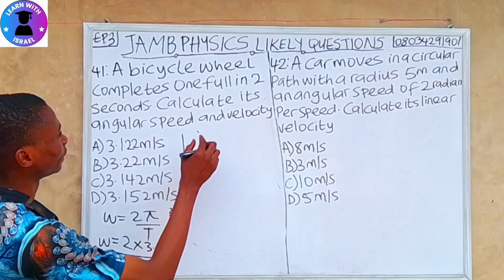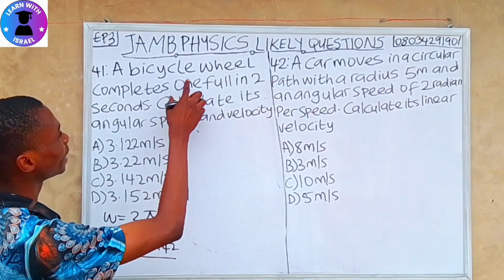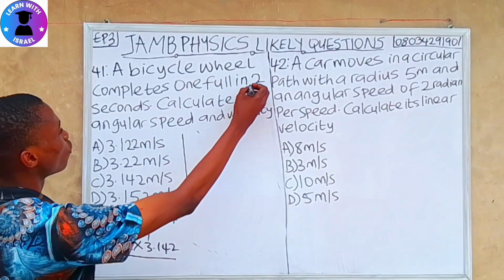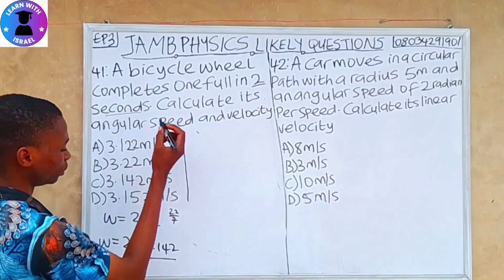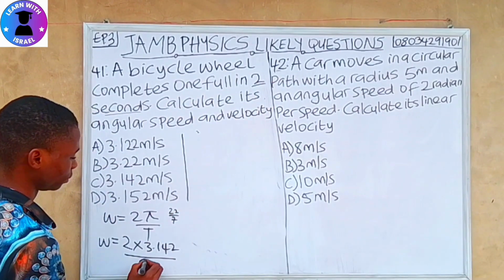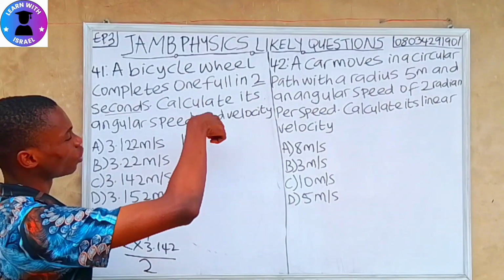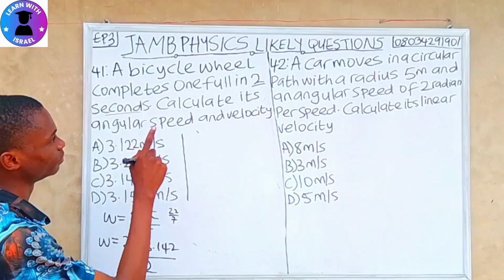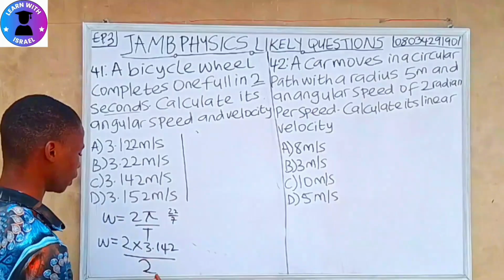What's our time? Our time is 2 seconds. One full means a revolution completed in 2 seconds.